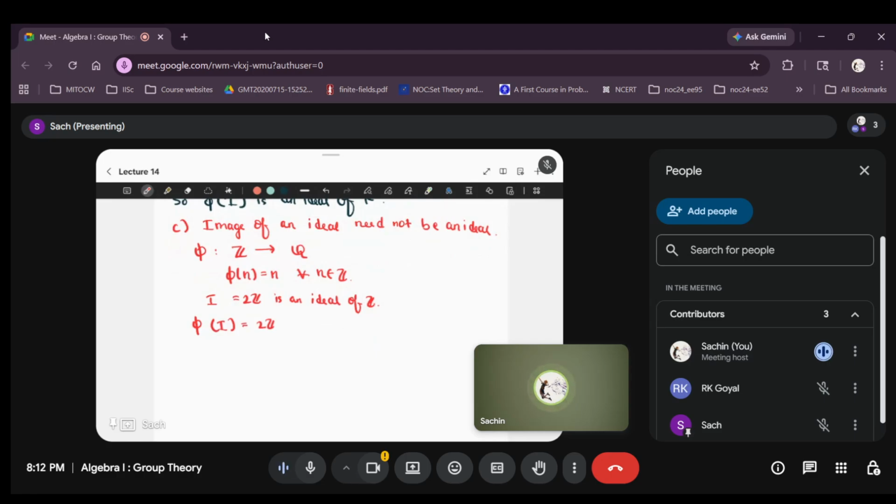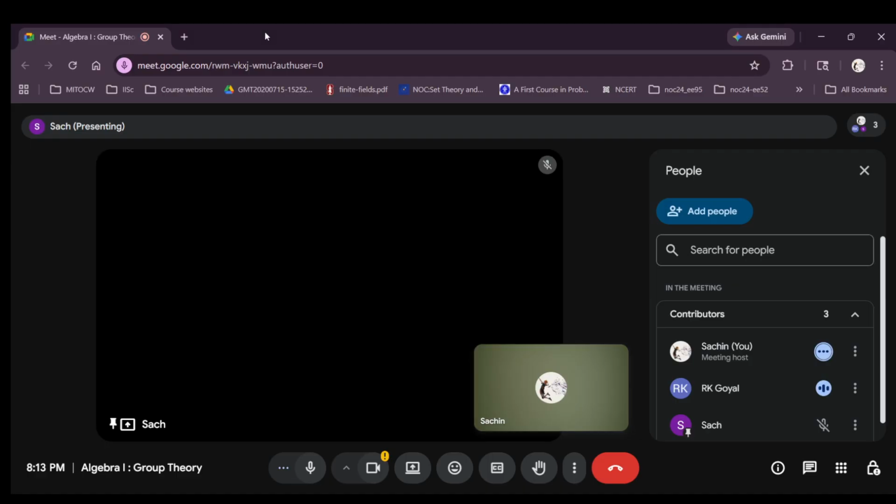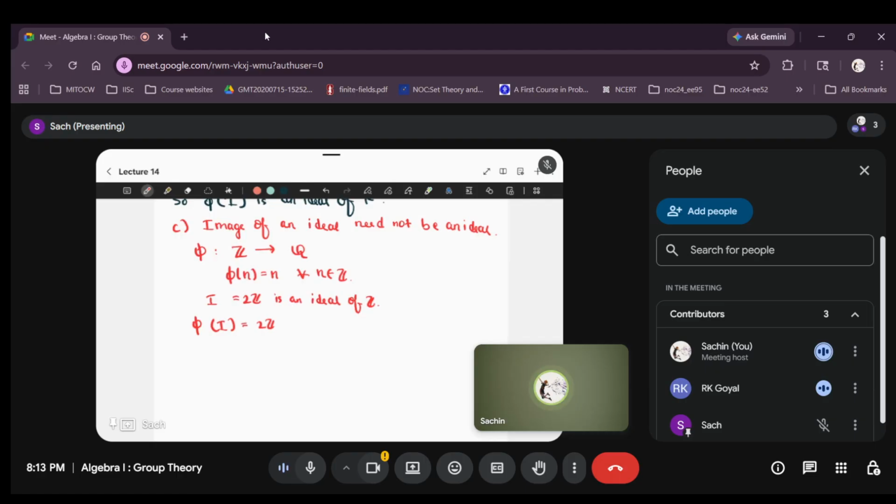Another way you can reason this is that Q is a field. The only ideals of Q are 0 and itself, since it is a field. We showed that last class: if R is a ring, the only ideals of R are 0 and itself if and only if R is a field.